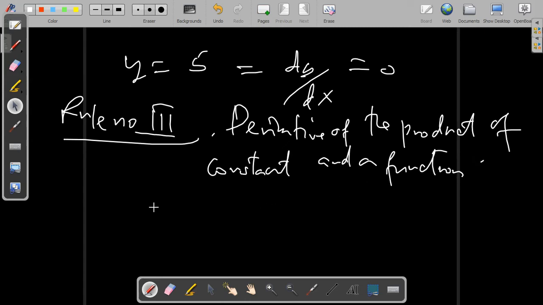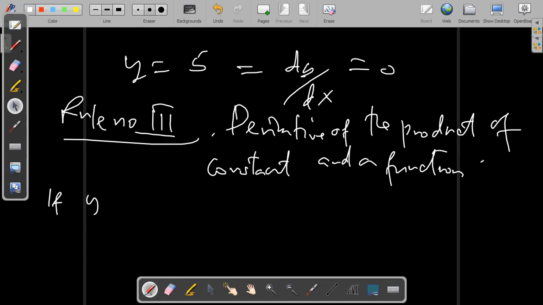You need to understand here that the derivative of a product of a constant and a function is equal to the product of the constant and the derivative of the function.